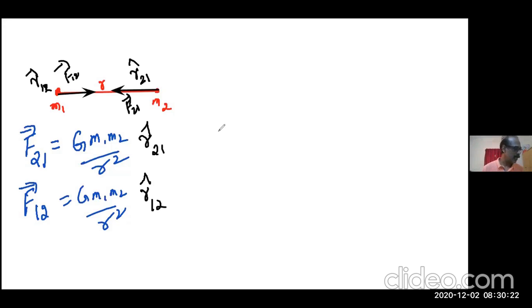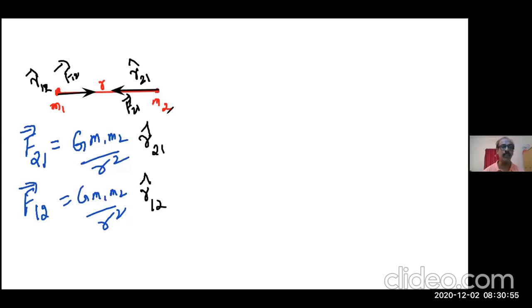Now, in vector form, draw the diagram and write. The force acting on the mass M2 by the mass M1. So write force acting on 2 by 1, F21, equal to, this is the magnitude, G M1 M2 by R squared.